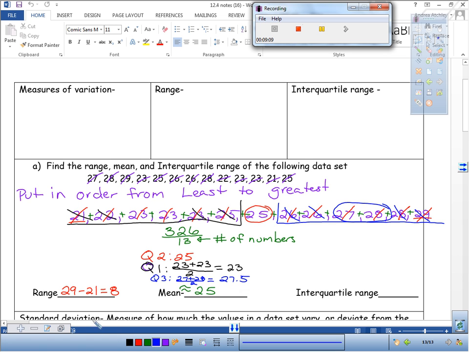Any questions? Okay, the interquartile range then is Q3 minus Q1.